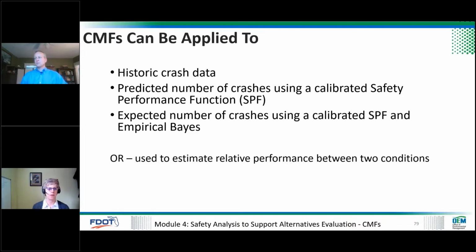Or you can just use the CMF and say, you know what, the CMF has a value of 0.58, so we would expect a 42% reduction between condition 1 and condition 2. So takeaway here is they're multiplicative and they can be applied to historic data or your predictions.